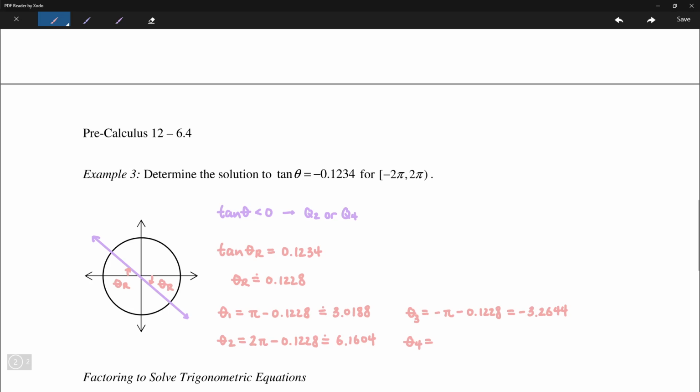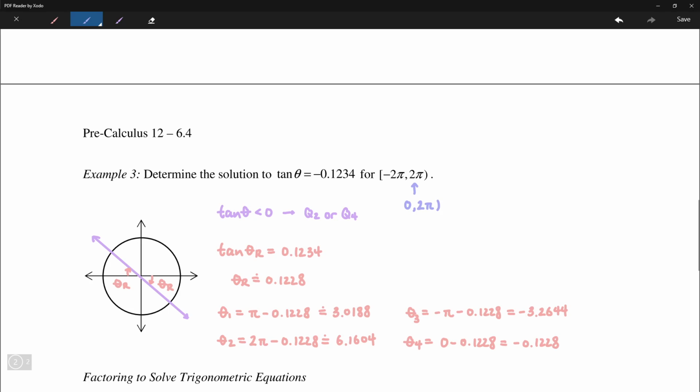It's just starting at 0 and going clockwise. Sorry about that. That's the fourth answer. So that will be 0 minus 0.1228. So that's, of course, just negative 0.1228.